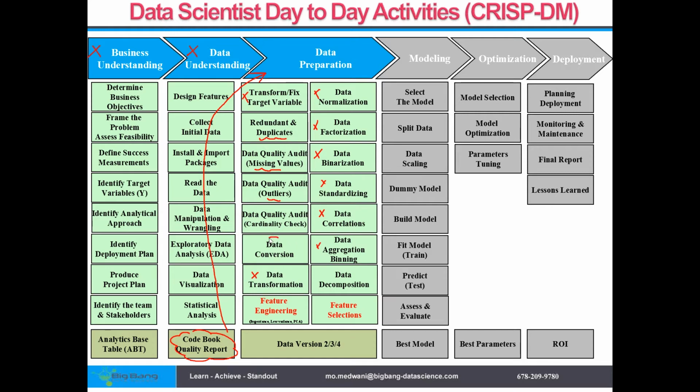Today we are going to talk about data conversion, especially categorical data to numerical data, and we'll talk about feature selection. These are the two concepts that we are going to learn today. And hopefully, towards the end of today's session, we should have a ready-to-go, better version of the data compared to the raw version that we started with.